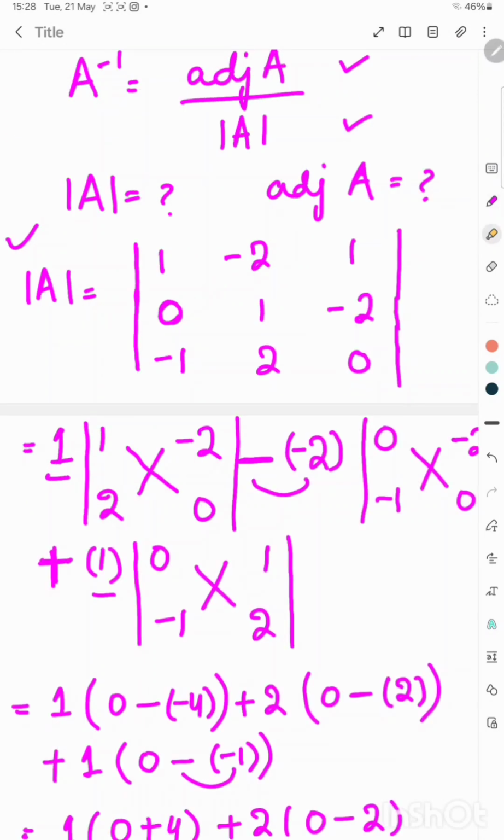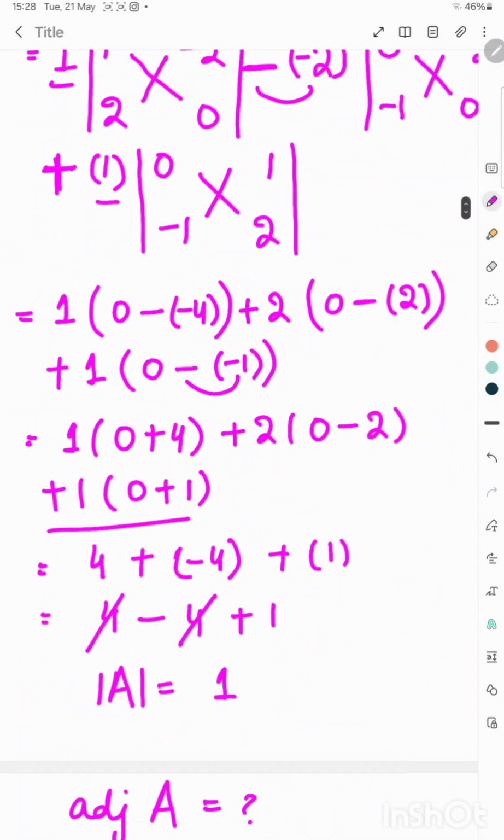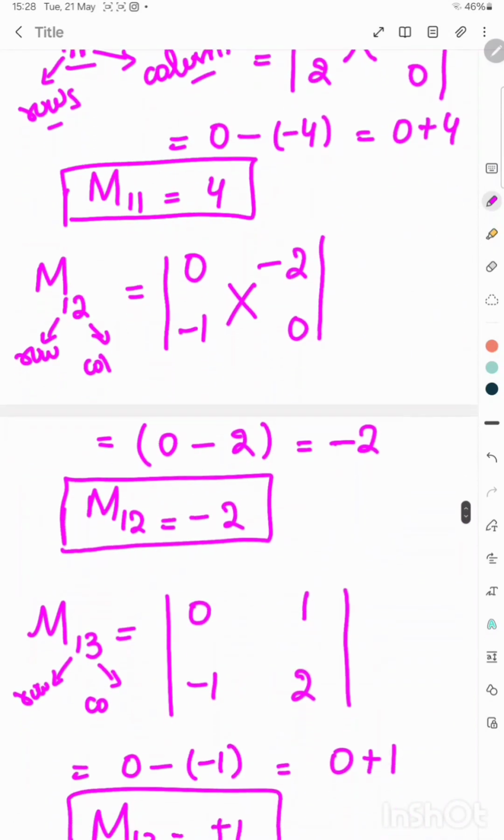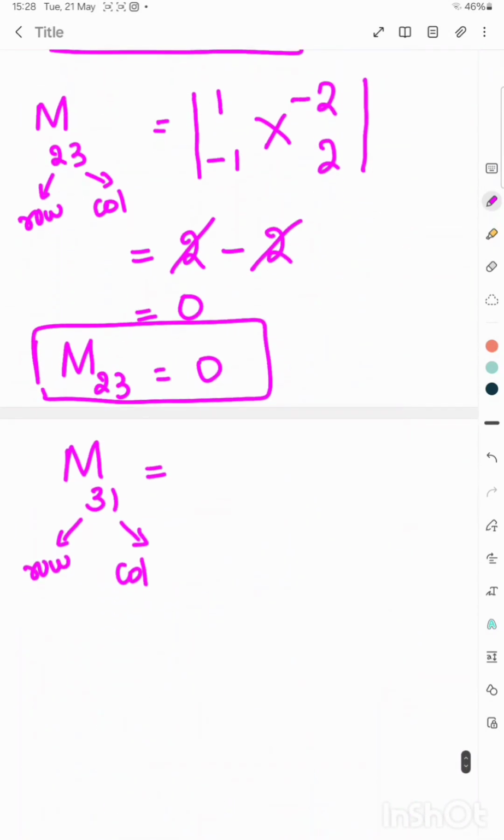Students, here in the given matrix, the third row is this one and the first column is this one. So what remains here is minus 2, 1, 1, minus 2. So I will write these numbers here in this minor. That is minus 2, 1, 0, minus 2.